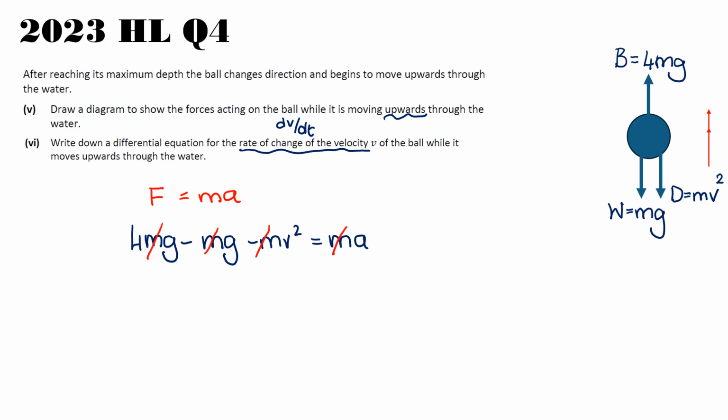So we have 4g minus g, which is 3g, minus v squared is equal to a. So we can rewrite that as dv/dt. You can leave that as 3g, but we already know that that is 29.4, and that's minus v squared. So that's our differential equation for when the ball moves upwards through the water.